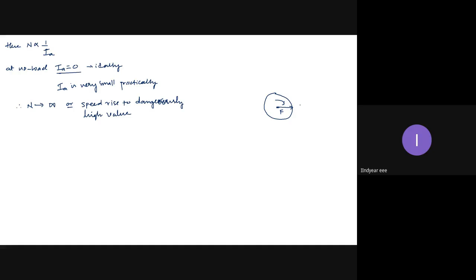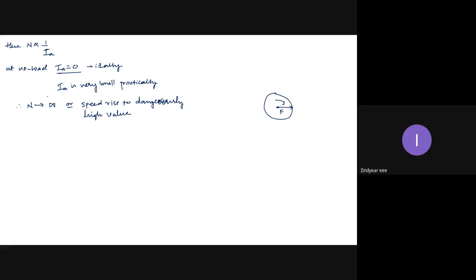Because of that, flyout of conductors may happen, or the bearings may experience excessive mechanical stress and may break. There are many mechanical difficulties when the speed is dangerously high. When the DC series motor is operated at no load, no doubt the speed is very, very high.